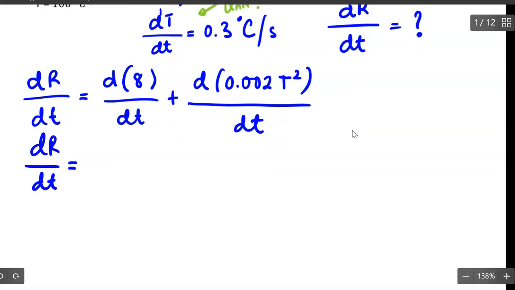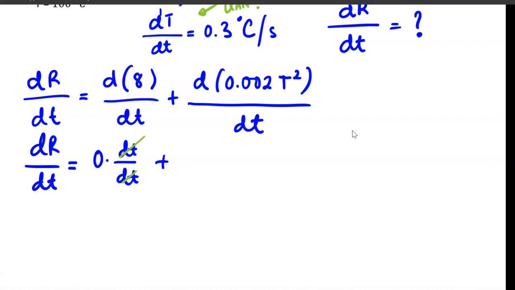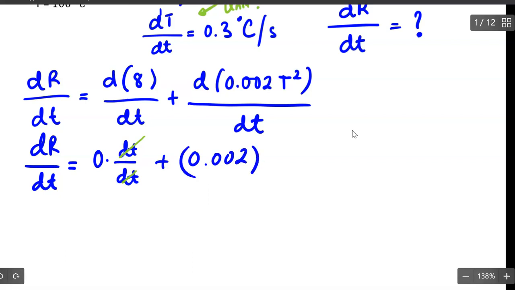So derivative of 8 is equal to 0. Derivative of constant equal to 0. But to remind everyone, I'm going to put dt over dt because I know that that and that cancel out. And now it's preparing us for the next step. Okay, derivative of 0.002 times t squared, it means that it will become 0.002 times 2 times t, right?